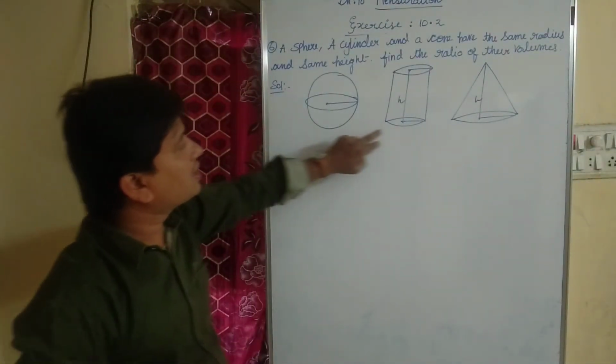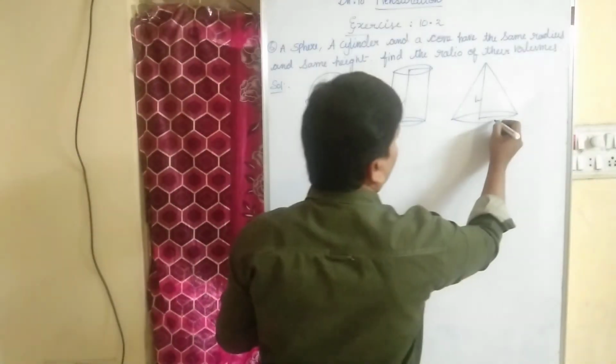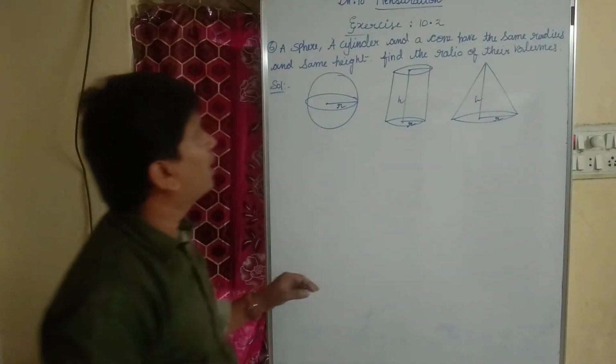The radius is the same, let it be r, r and r, and the same height.